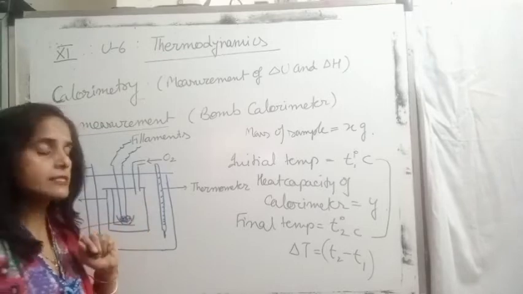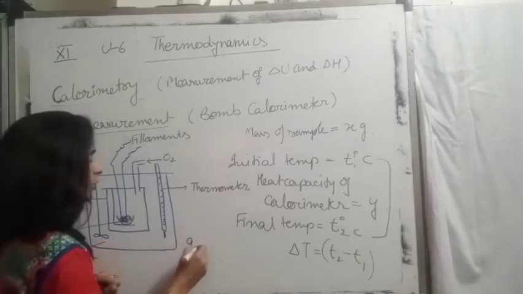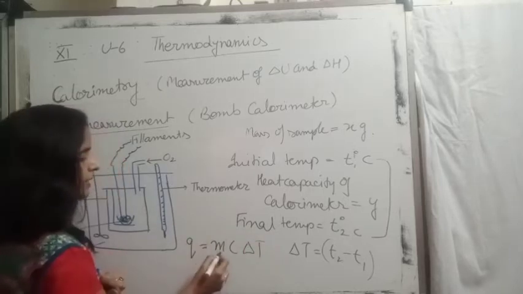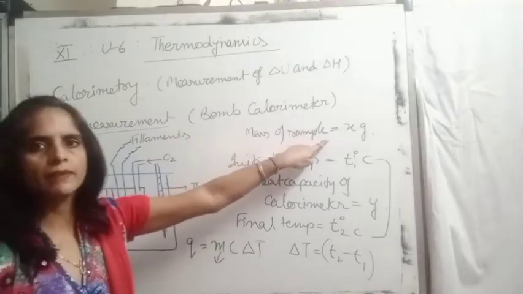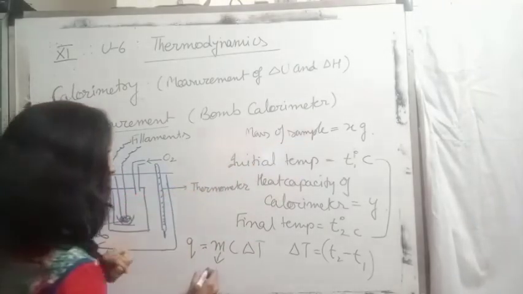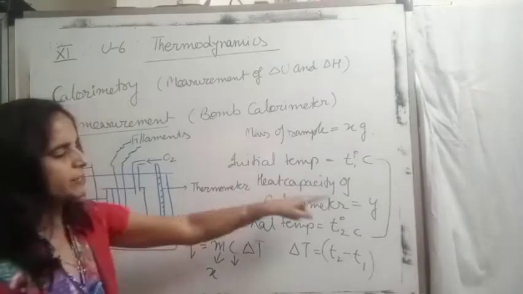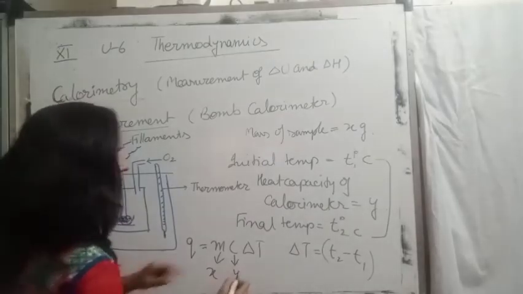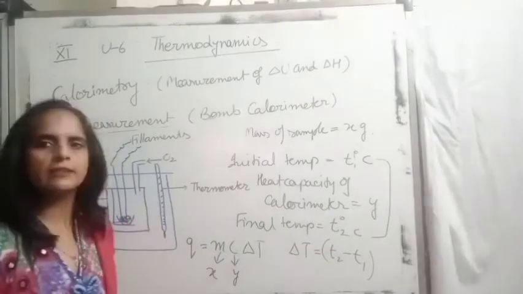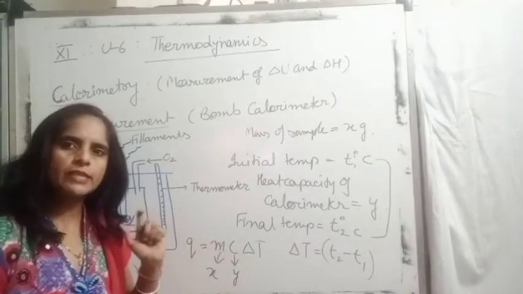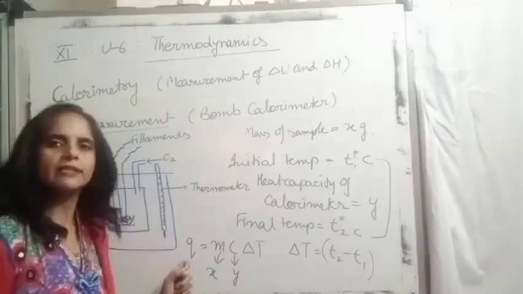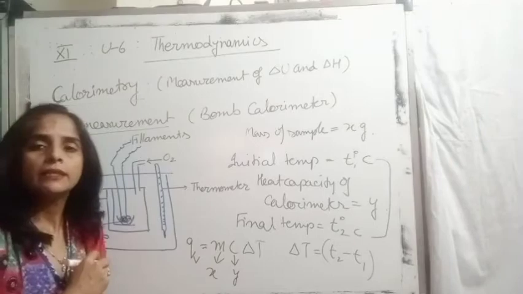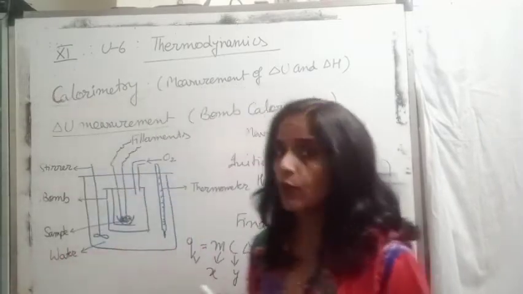After noting down all these values, we use the equation for heat capacity, which we have already discussed, that Q equals m c delta T. M is the mass of substance, the value we have taken is x gram. C is the heat capacity of the calorimeter, the value we have taken is y, and delta T is T2 minus T1. Substitute all these values and you will get the value of Q, or we may write Qv, heat at constant volume.